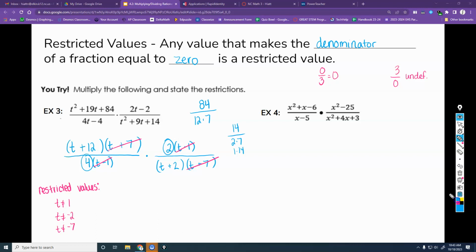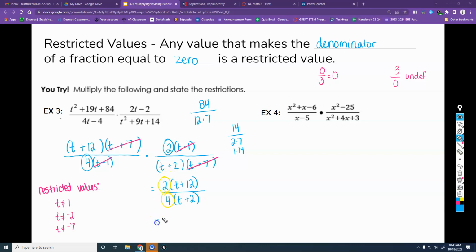In fact, I'm going to write it as a separate step, though. Let's do it this way. I'm going to have 2 times t plus 12 over 4 times t plus 2. So when you get to this point, those coefficients that are out front, if they will reduce, you can reduce them. And they do reduce in this case.